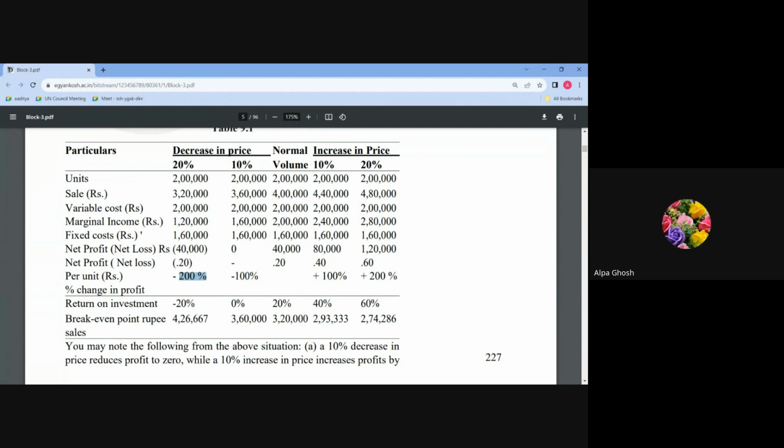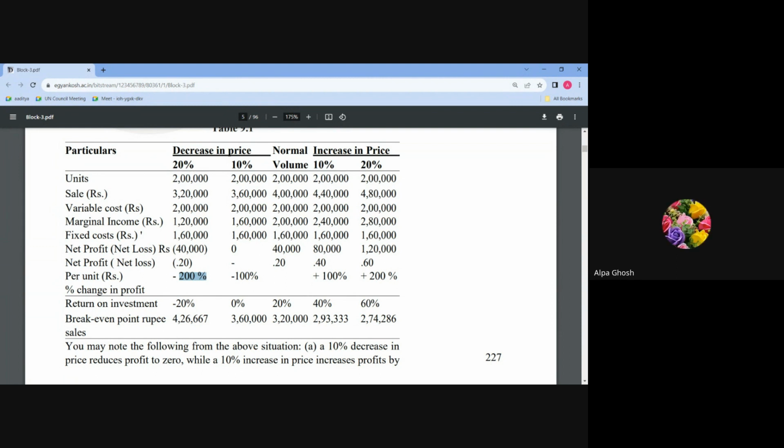In the normal volume, it is a 40,000 profit, whereas with a decrease of 20%, it is minus 40,000. So compared to your 2 lakh rupees units, what is the change? Got it now.